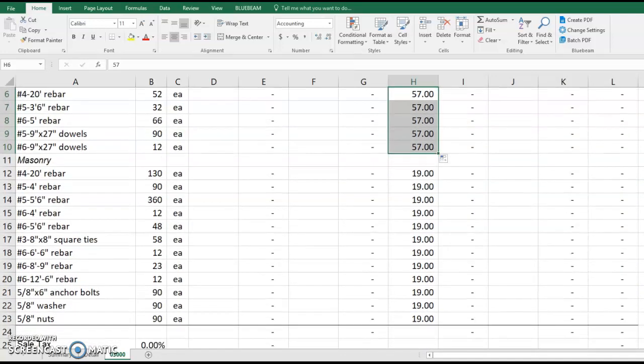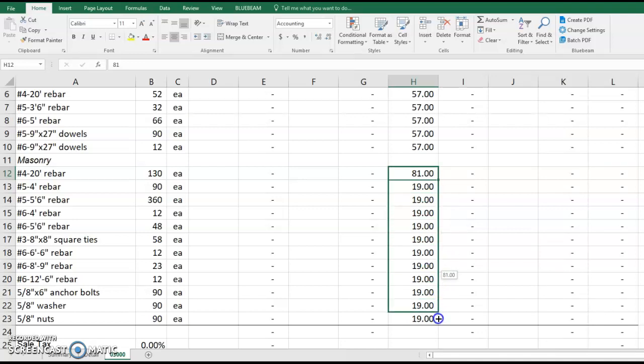So regardless, down here on masonry, let me see if the masonry is a little bit different. The masonry is going to be $81 an hour. So they've got the rebar in here for masonry and concrete. So I've got a little bit of a tricky scenario there.